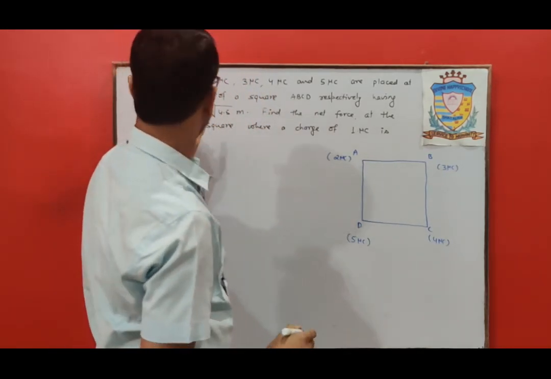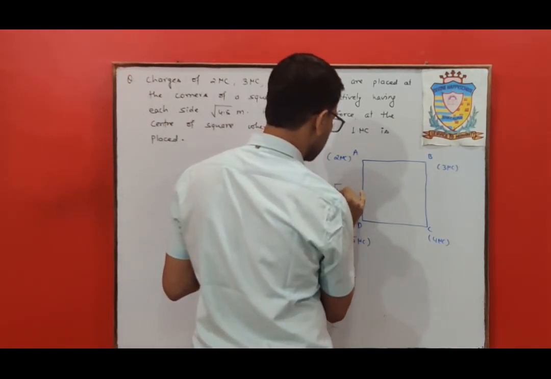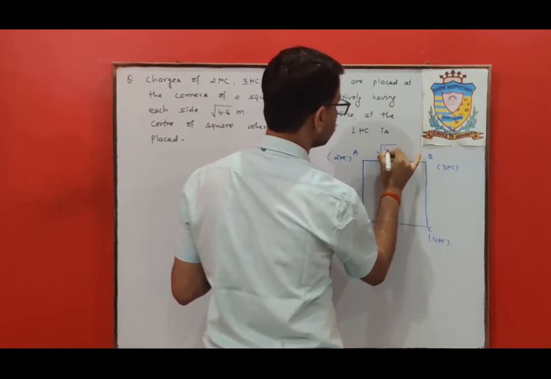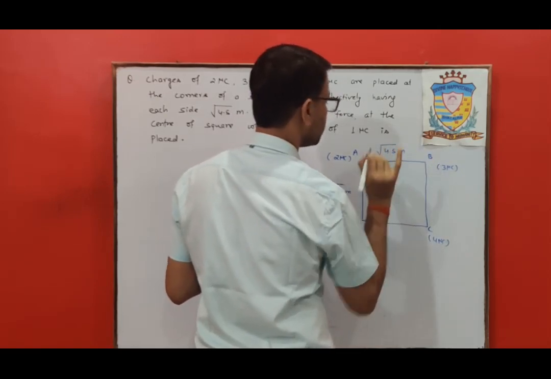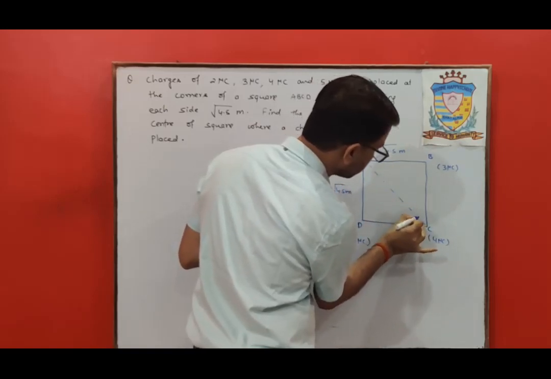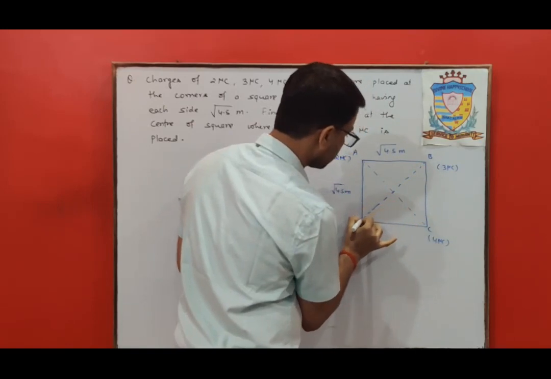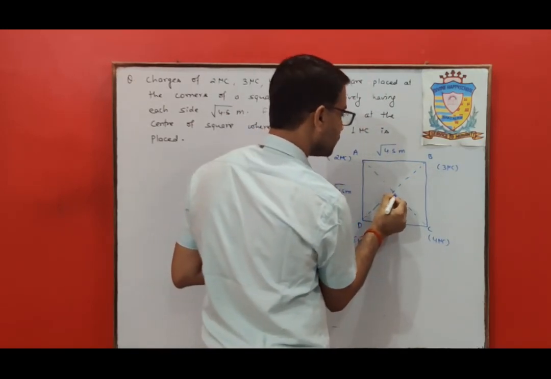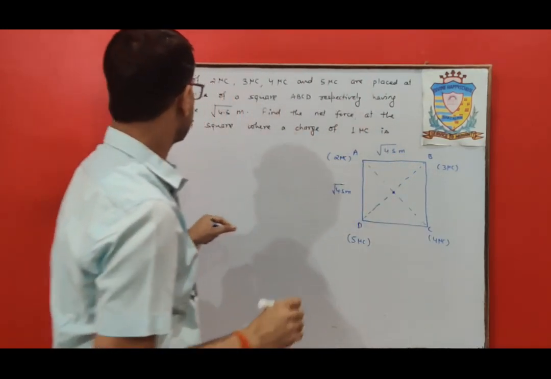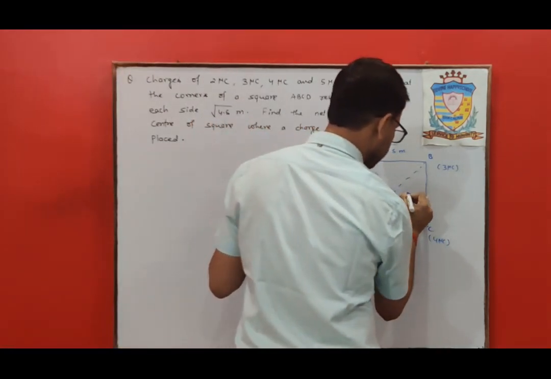Now we have to calculate, having each side under root 4.5 meter. So at the center a 1 microcoulomb charge is placed.